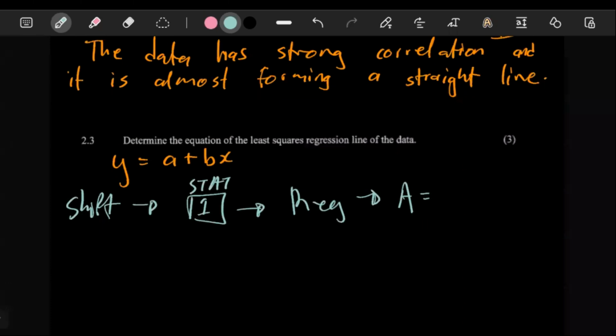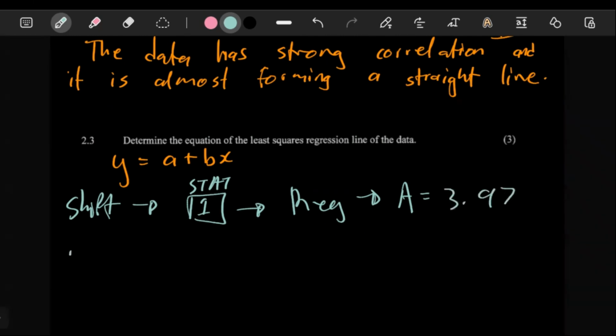A looks quite interesting. A here is 3 point something. It's 3.97.